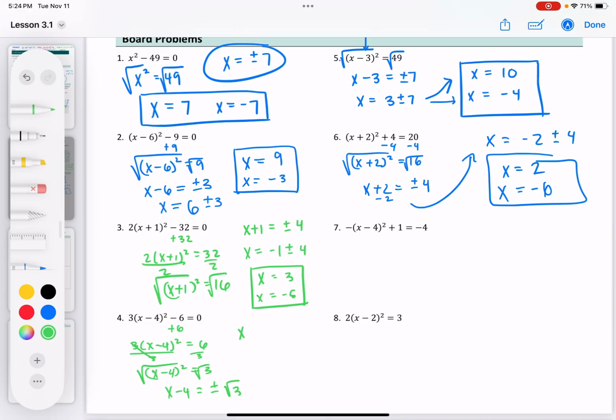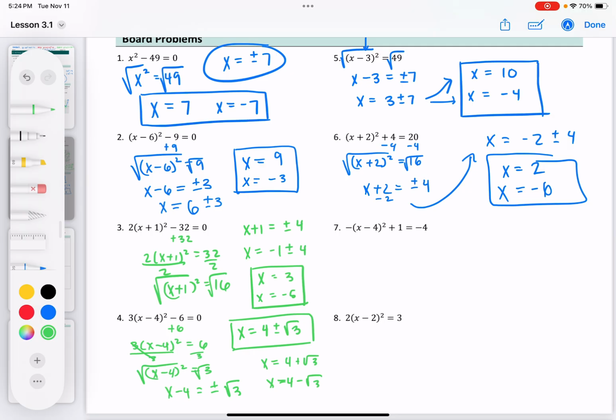So that would end up being x equals 4 plus or minus square root of 3. That answer is acceptable. If you wrote it as x equals 4 plus square root of 3 and x equals 4 minus square root of 3, that would be fine as well. Either one of those, but that is how I want it. I don't want a decimal, okay? So either one of those.